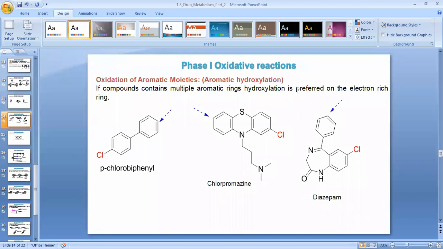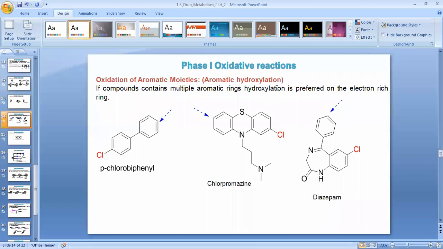Now the next case of aromatic hydroxylation: if the compound contains multiple aromatic rings. See, so far, what examples have we seen? If the compound is undergoing aromatic hydroxylation with the presence of an arene ring, whether one or two, it goes easily for aromatic hydroxylation.